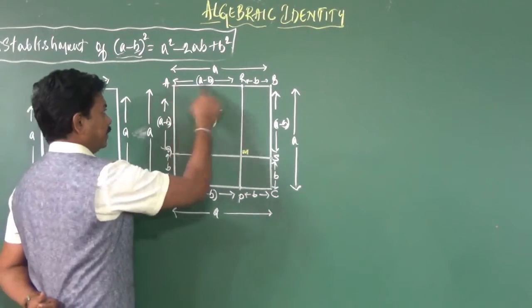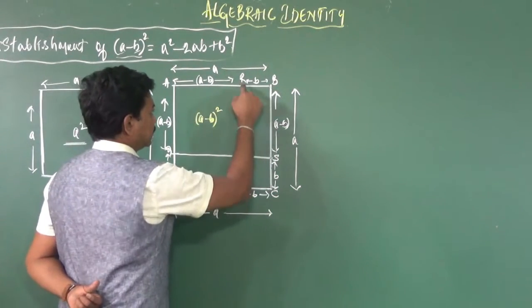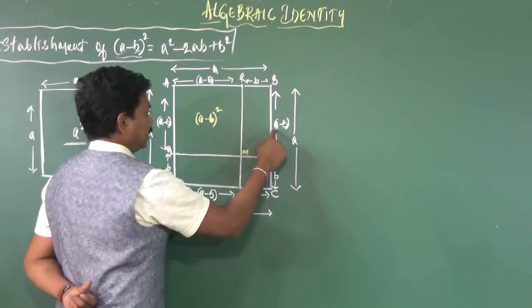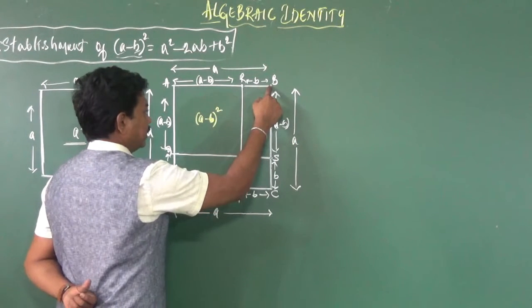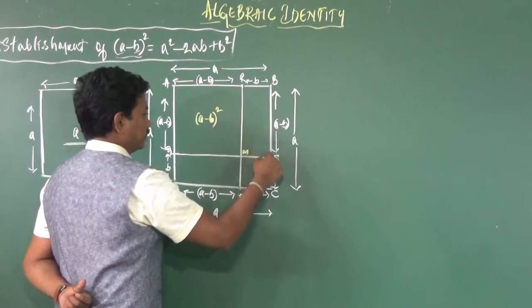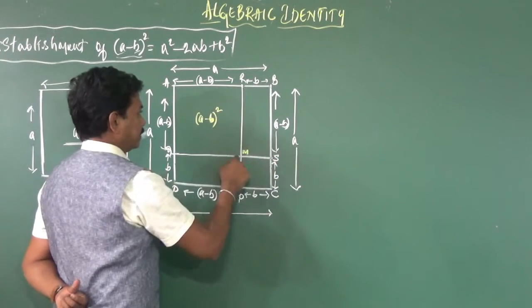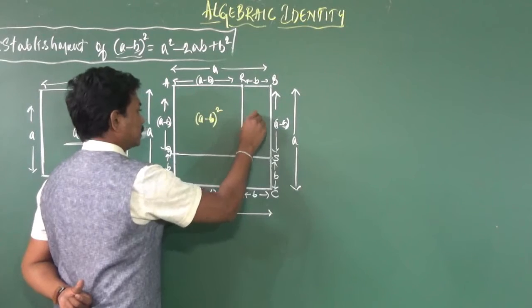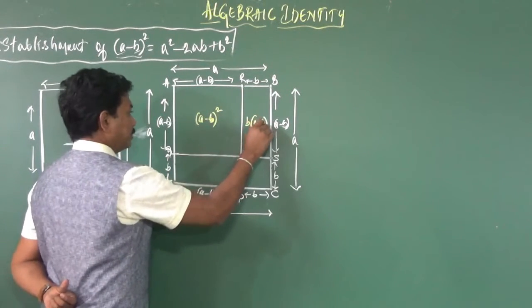Now, this is RBSM. This becomes a rectangle with length a minus b and breadth b. Then the area of this polygon RBSM is length into breadth, that is b into (a minus b).